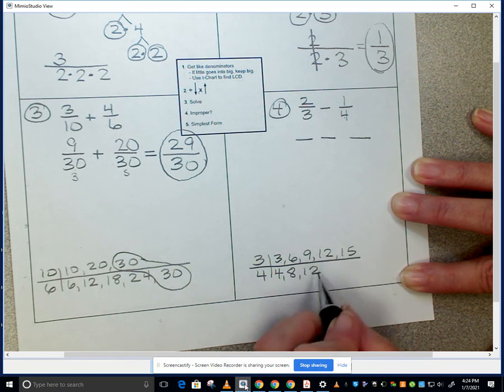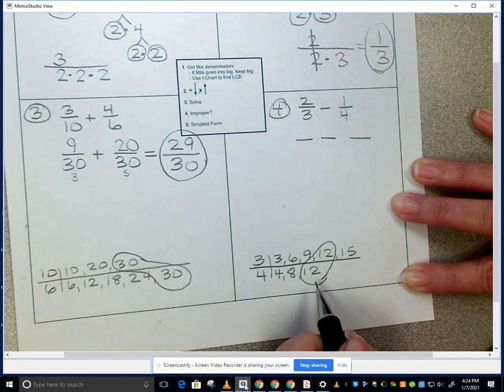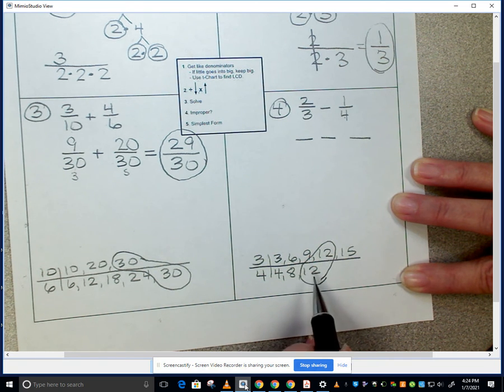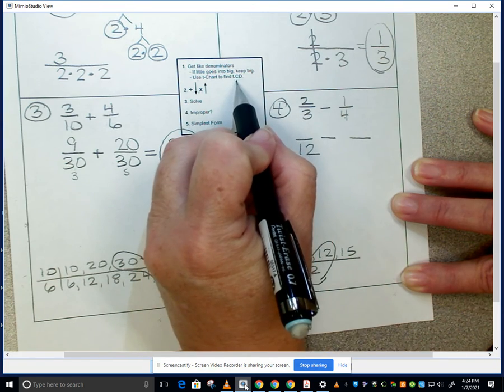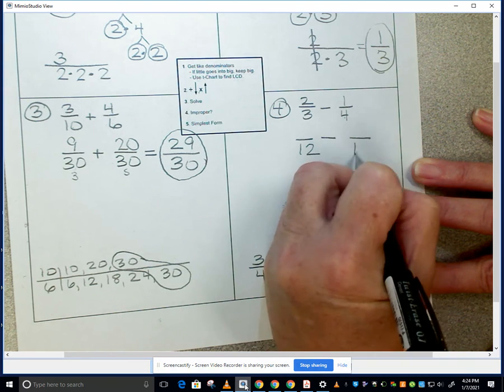Oh, I see a match. 12 and 12. So my new denominator, the least common multiple that they have, is 12. So I'm going to use 12, and the minute I put it here, it becomes my least common denominator.